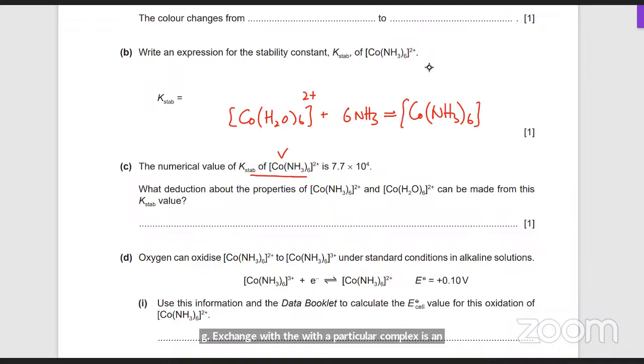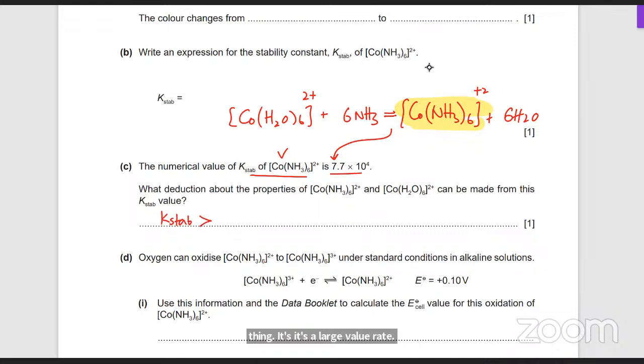So +2 and the 6 water molecules get knocked out, right? This is the reaction, and this is its K_stab. From aqueous solution you form a particular complex. So the K_stab value is this. Is it a large value or a small value? It's a large value, right? Yes sir.